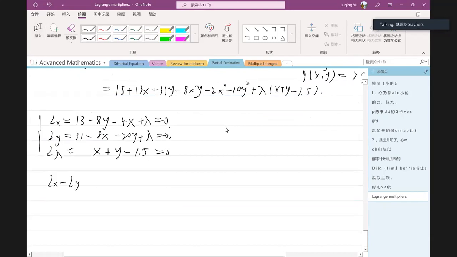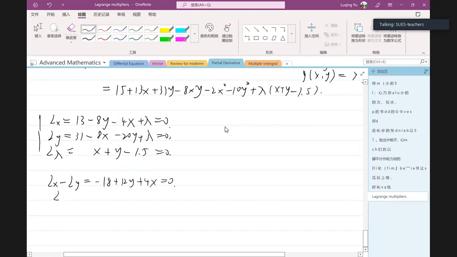That equals 13 minus 31, which is negative 18, and negative 8y minus negative 20y, which is plus 12y, and here it is plus 16x, and lambda cancels, equal to 0.